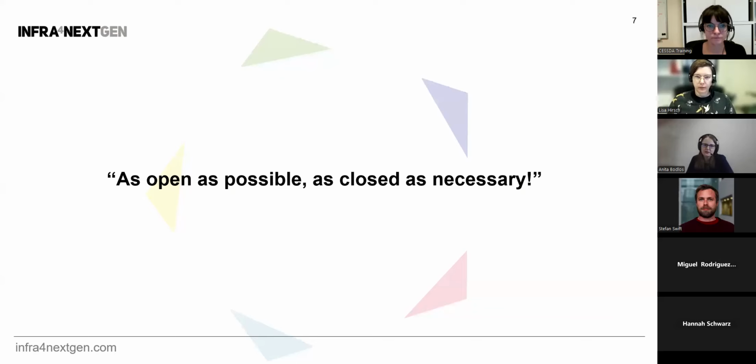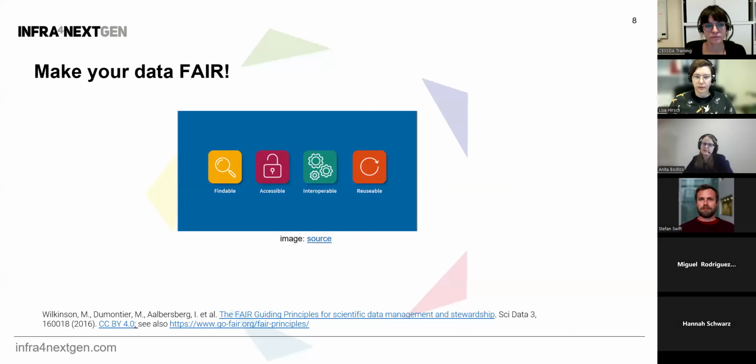So the goal is not to open research data completely freely, but to make research data FAIR, which means make it findable, make it accessible, make it interoperable, and make it reusable.